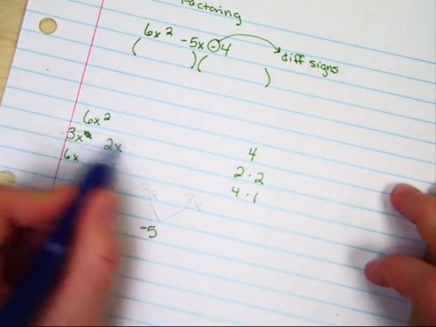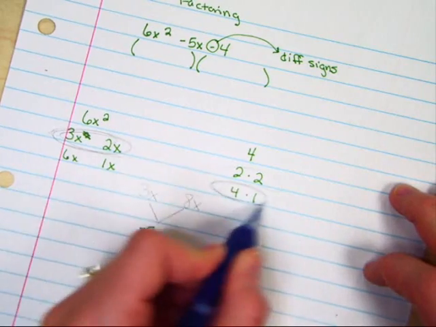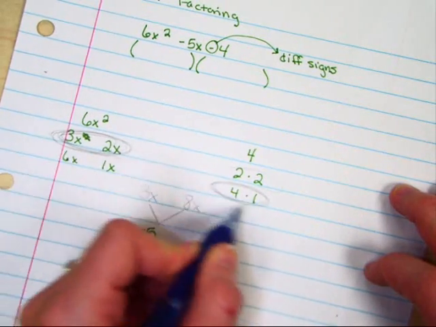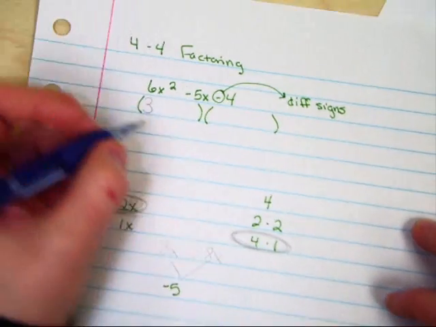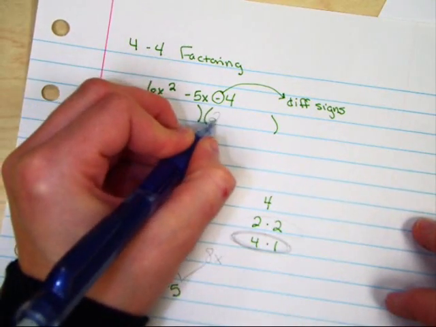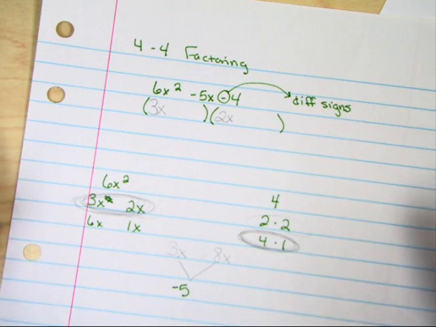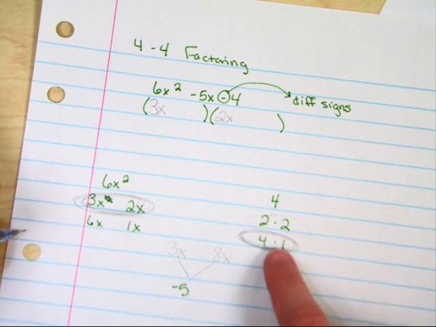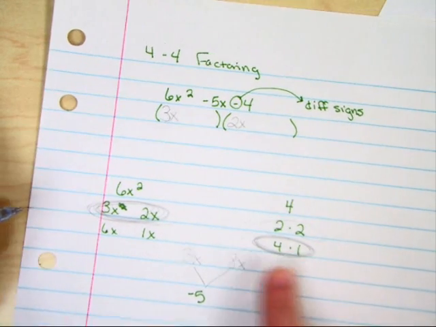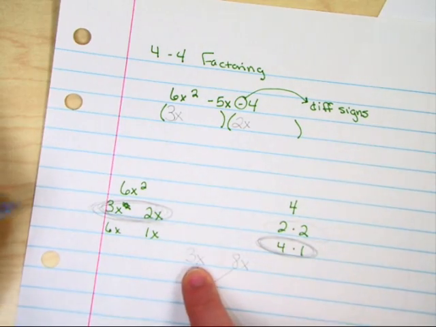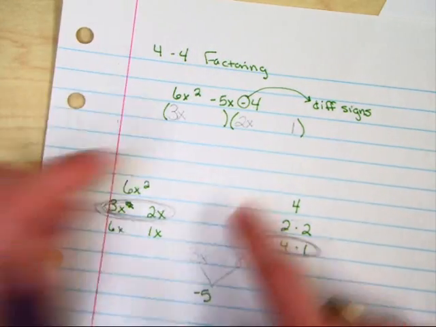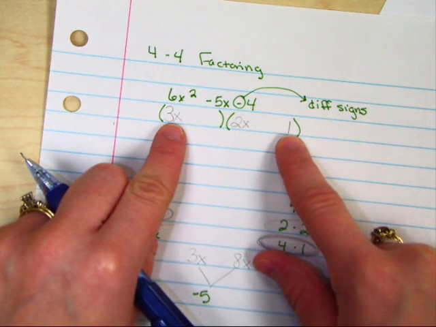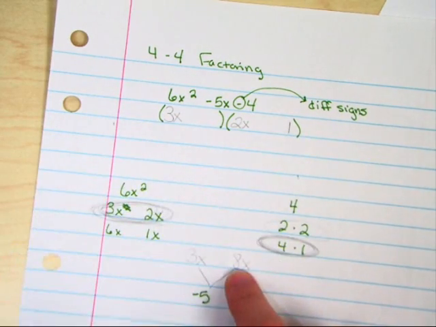Now, circle the combination you want to use. You know you have to put 3x and 2x in the front. That's where they go. Now 4 and 1. Do you guys remember how we got the 3x? It's because we did 3 times 1, so you put them on the outsides. Do you remember how we did the 8x?